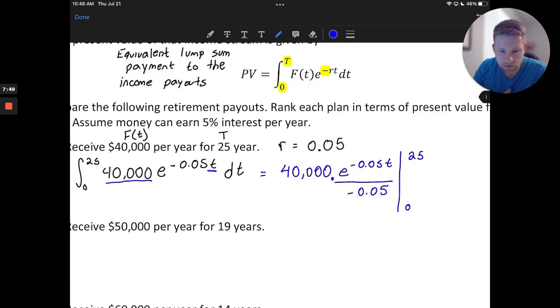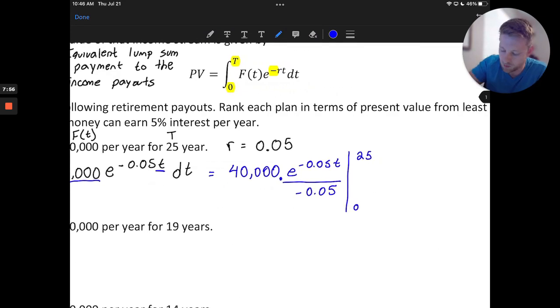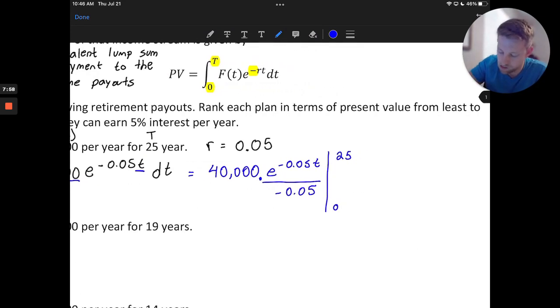Now, if we do this, we could punch this into our calculator, and this evaluation is going to give us a sum, and I'll just round to the nearest dollar here. This is going to be in dollars, $570,796.